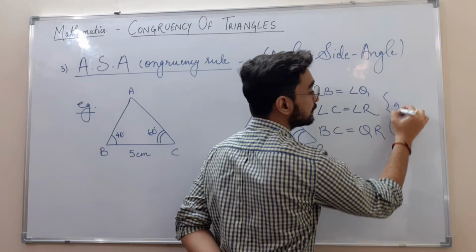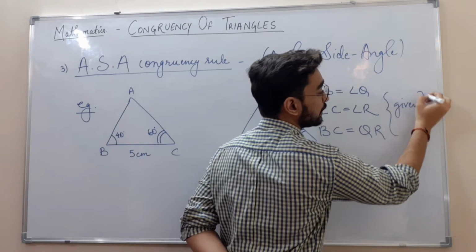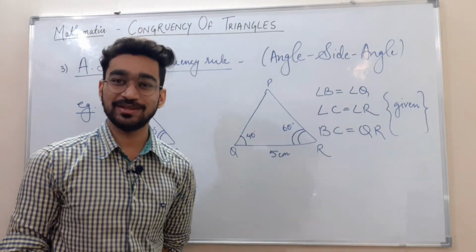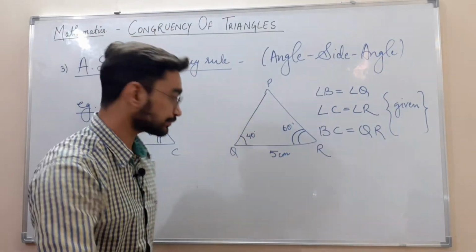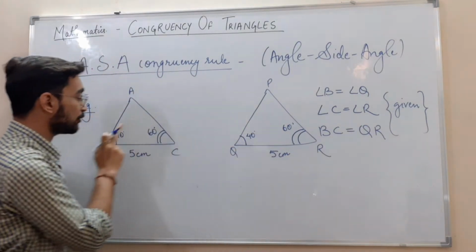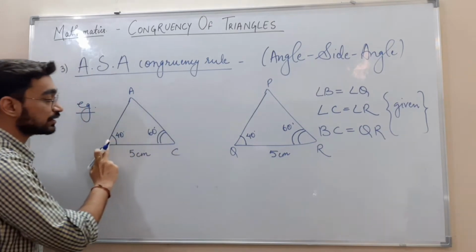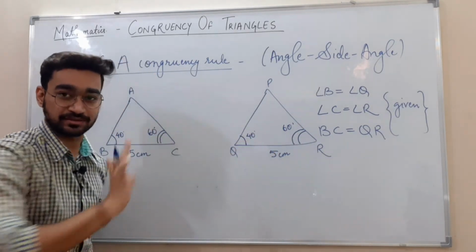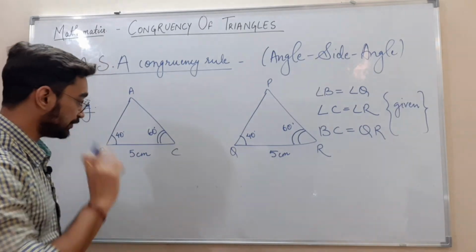All of these reasons are actually given to me in the question itself, so I'm writing given there. No doubt. See here, for these same angles, here I'm drawing one line, means these two angles are same, and two lines here and two lines here indicate that these two angles are same. So I hope it is clear to you.